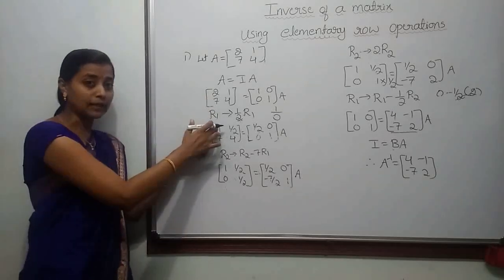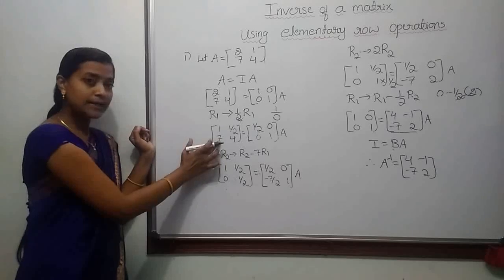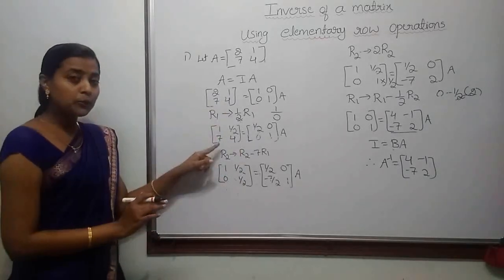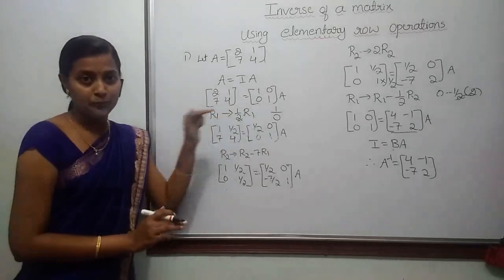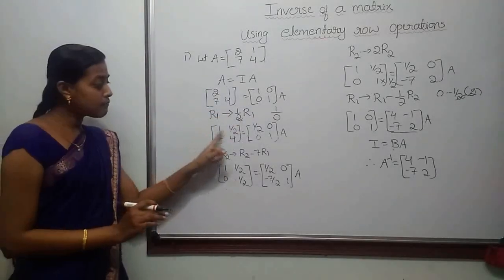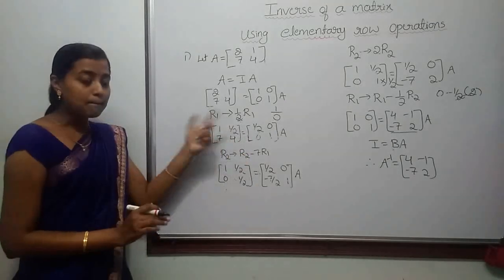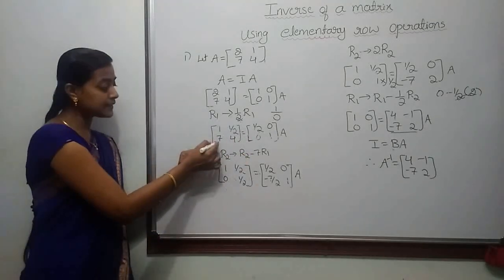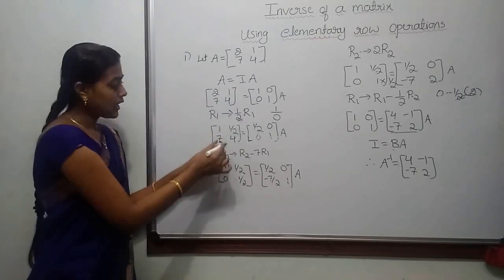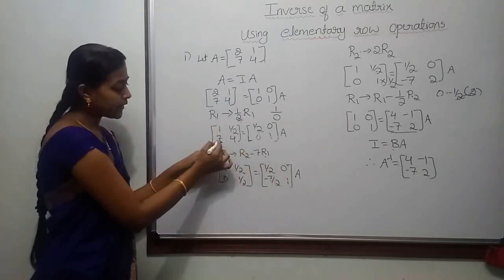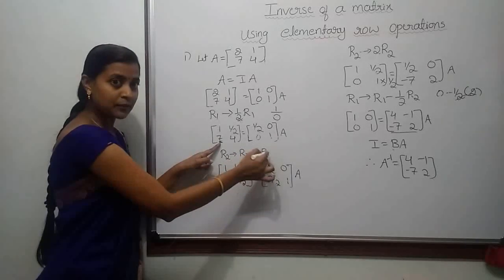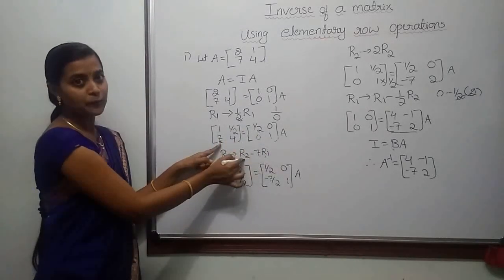After making this 1, to reduce the element lying in the second row first column to 0, you have to use the first row. How do you apply the operation? Multiply the first row by the value of this element lying in the second row first column. R1 is multiplied by this element and subtract this row from the second row.